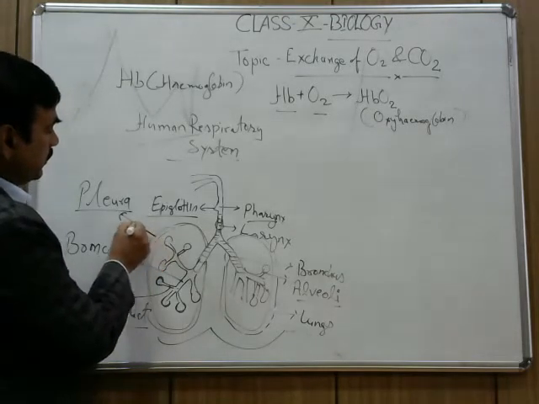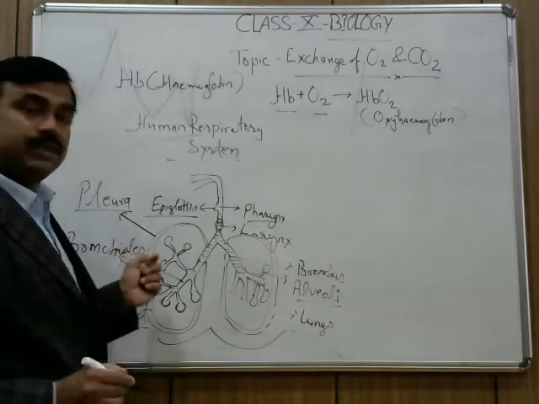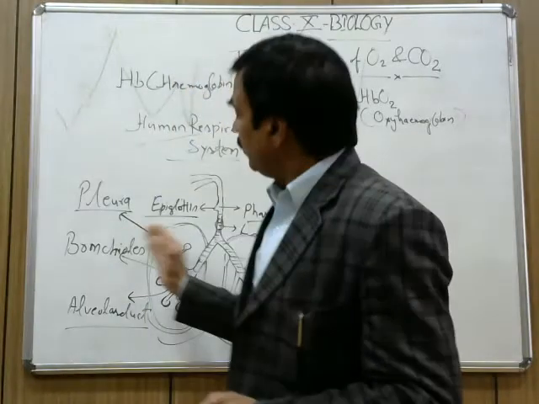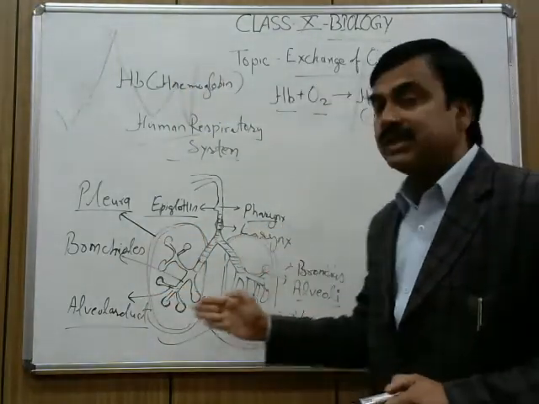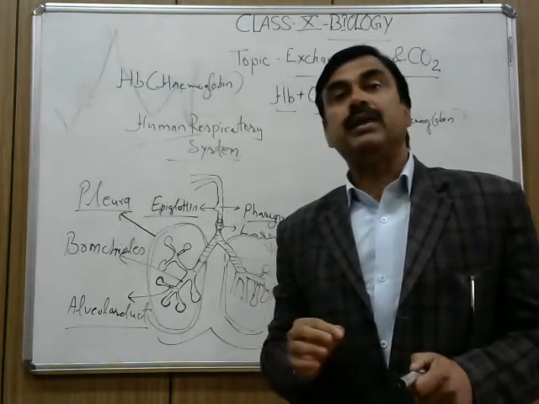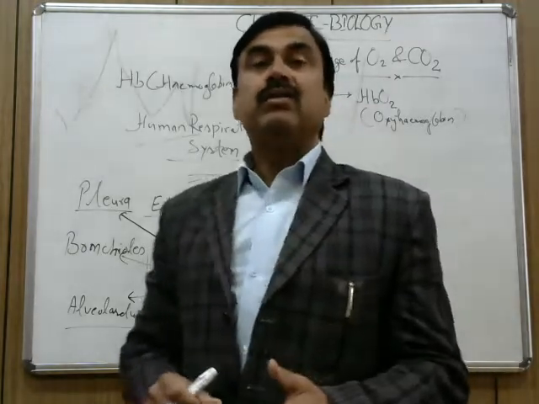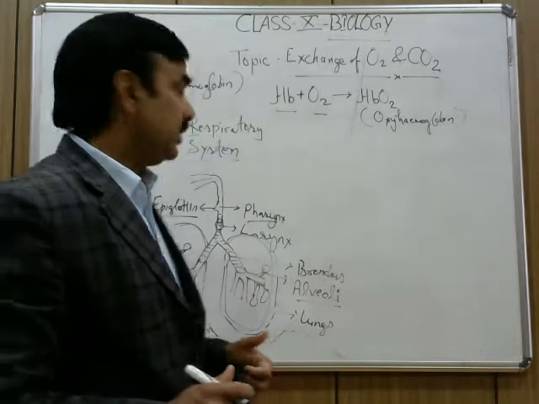Look at this: pleura, and the inner one is viscera, and between the two membranes a fluid is present. Between the outer and inner membrane, one fluid is present, and that is called pleural fluid.